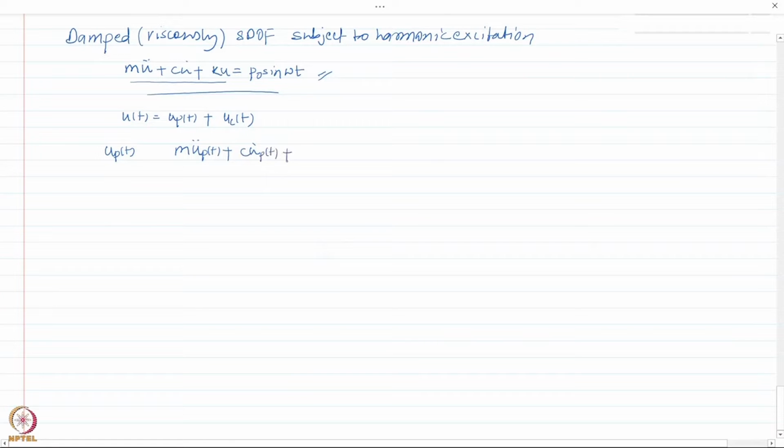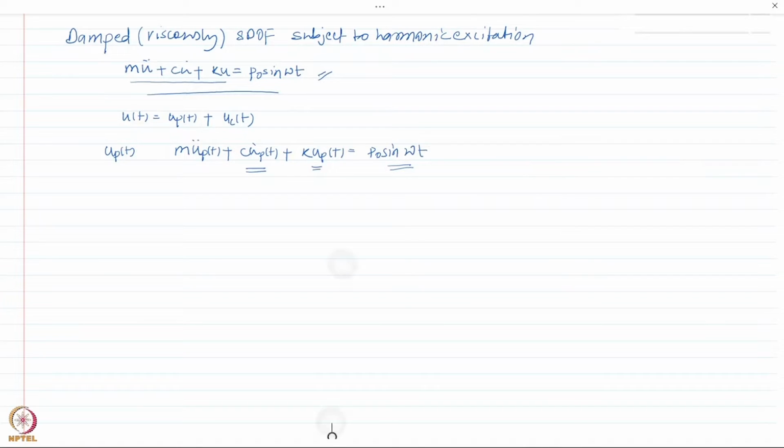Let me just write it as sine omega t on the right. Now when the system was undamped and this term was not there, the left hand side contained only u p and the double differential of u p, which is equal to some constant times sine omega t, so the solution would be some constant times sine omega t, because if you double differentiate a sine omega t term, you get some value times the sine omega t term again.